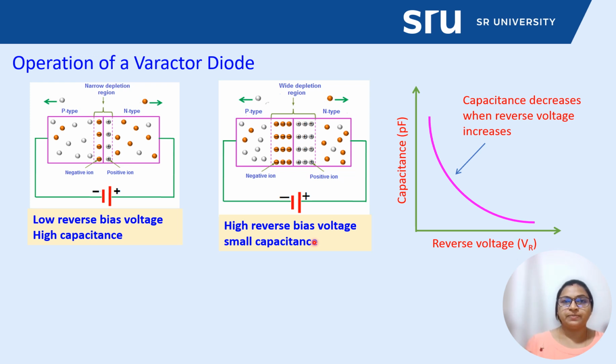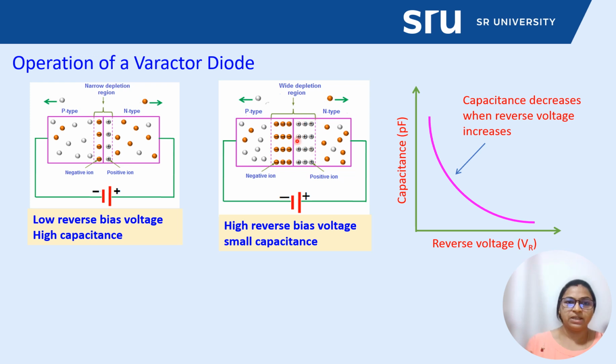So if we frame a consequence with this capacitance and applied voltage, the capacitance is inversely proportional to the width of the depletion region and directly proportional to the surface area of the depletion region.